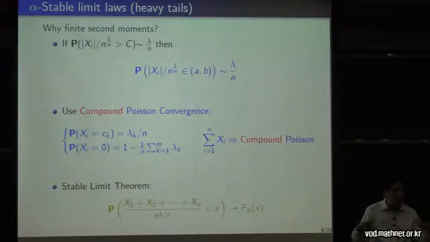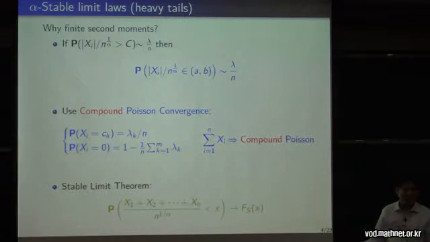So what we have is a sum of a bunch of Poisson random variables, essentially. Okay? So that's the story here: through this idea of compound Poisson convergence, you get a bunch of Poisson random variables. Or if you want, this is essentially a compound Poisson random variable.